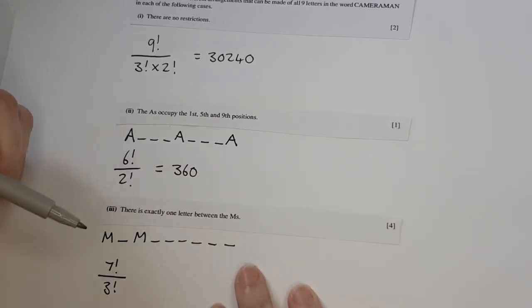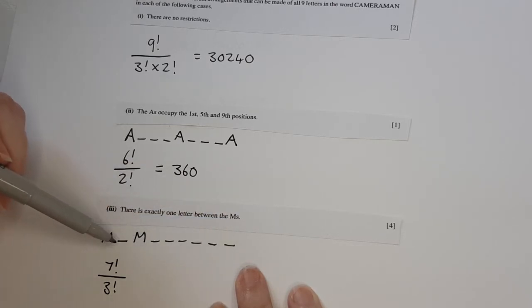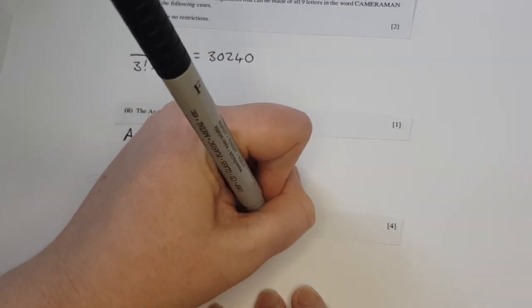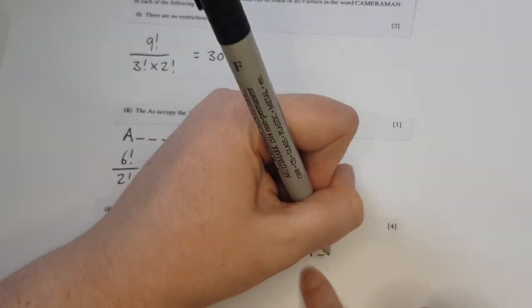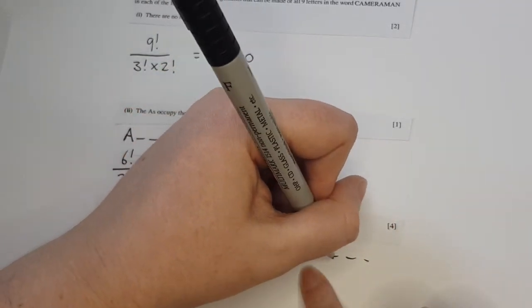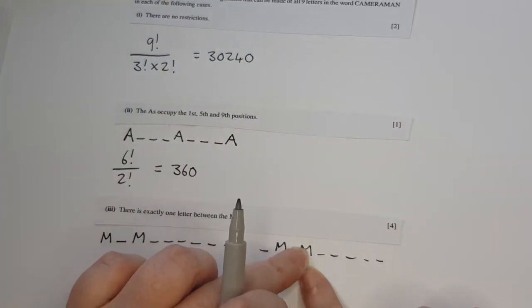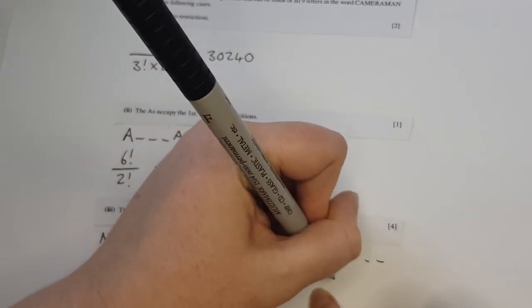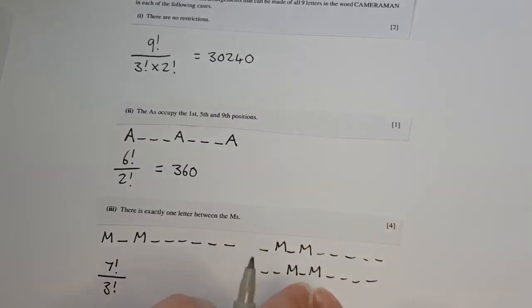But then I didn't specify where those A's and M's need to be. They just need to be separated by a letter. So it could also be a letter, an M, and then all the rest of the letters. Or I could have moved the M 1 more over, so I could have had 2 letters and then the M, and so on, and I keep moving that M across.